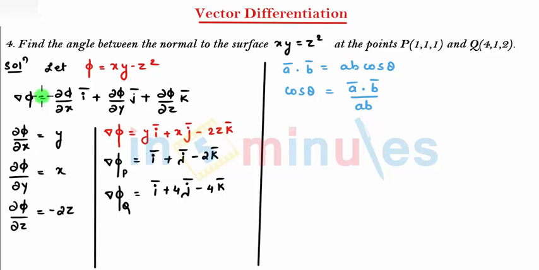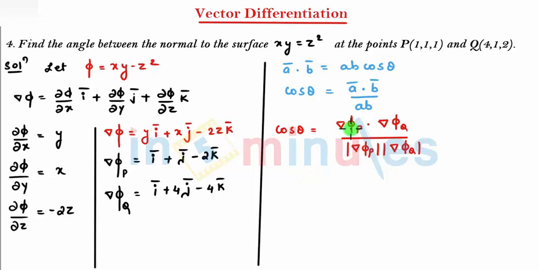In the same way, cos theta is equal to del phi P dot del phi Q, divided by mod of del phi P and mod of del phi Q. So now this is my cos theta.